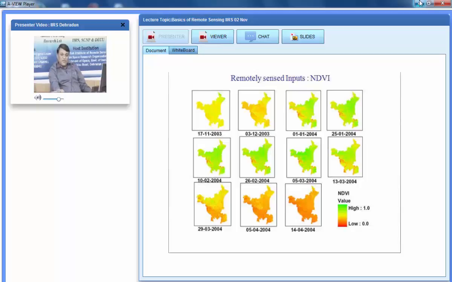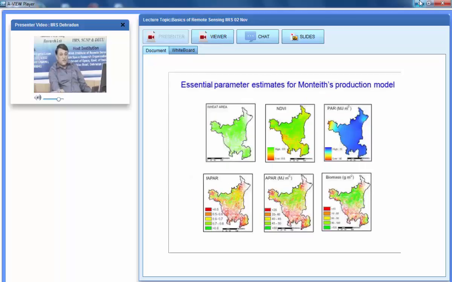Now for every 8-day image, you can see the wheat area, which one can map from the advanced wheat data. The 8-day composite image of NDVI and the corresponding 8-day PAR are used, and PAR multiplied by NDVI is used for estimating FPAR.